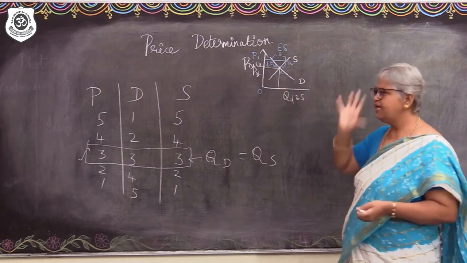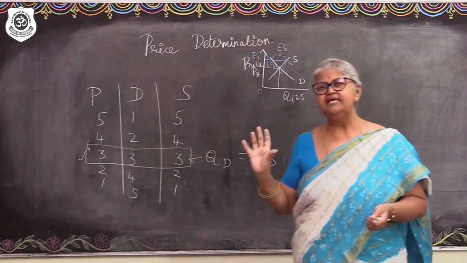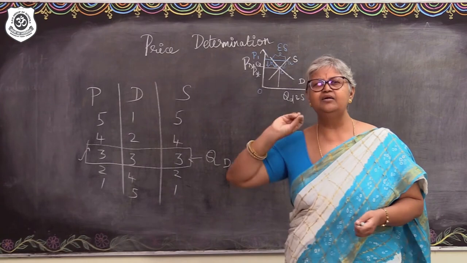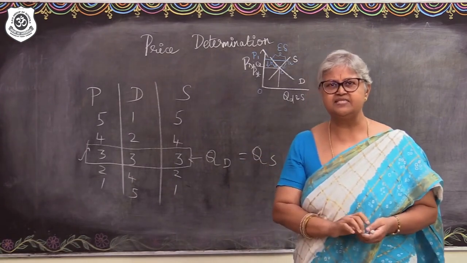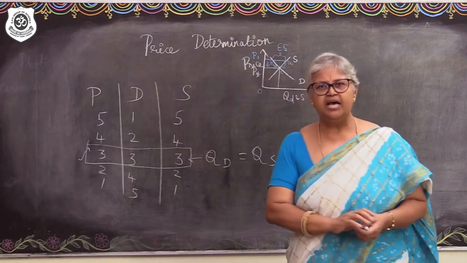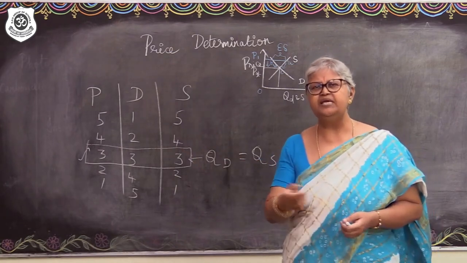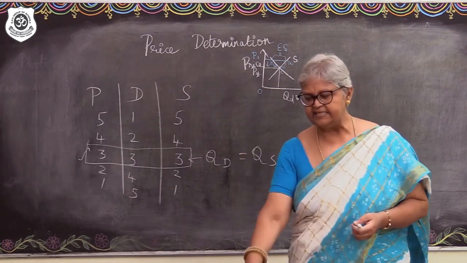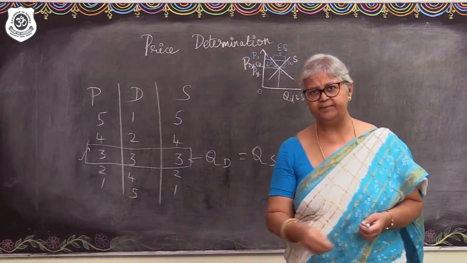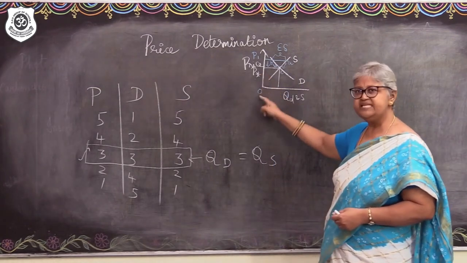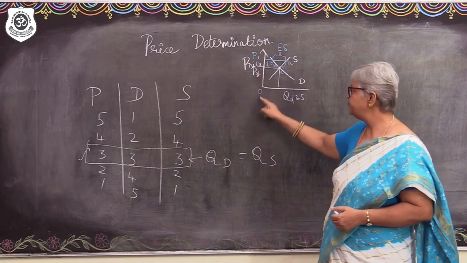So we see a chain reaction happening in case the market price is going to be much higher than that of the equilibrium price, right? Now, if the market price is going to be lower than the equilibrium price, then what happens? This is the equilibrium. OP star is the equilibrium price.